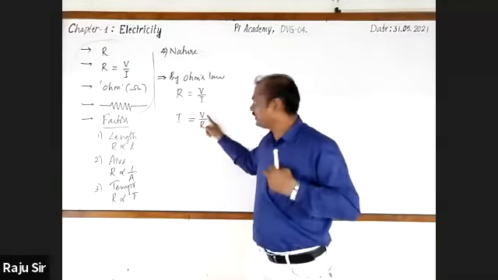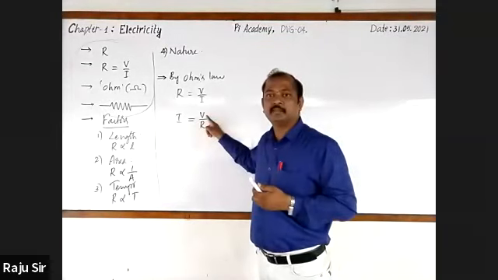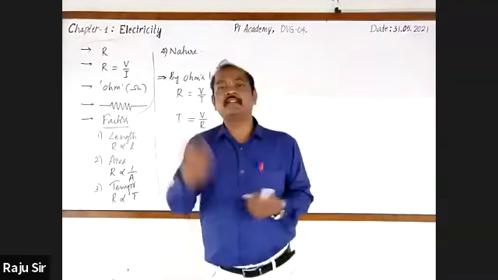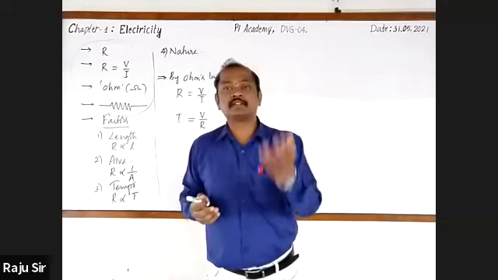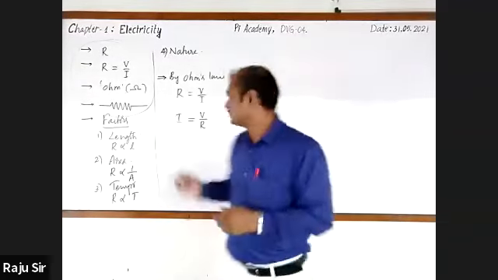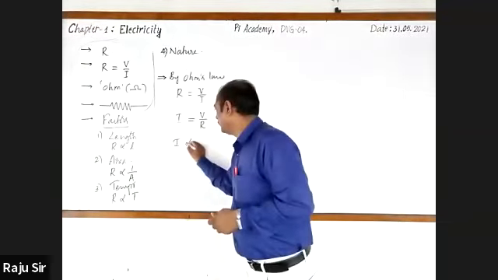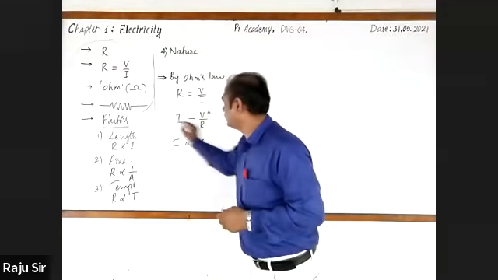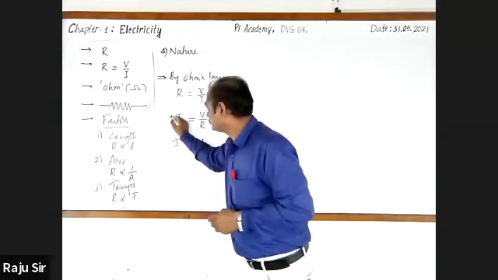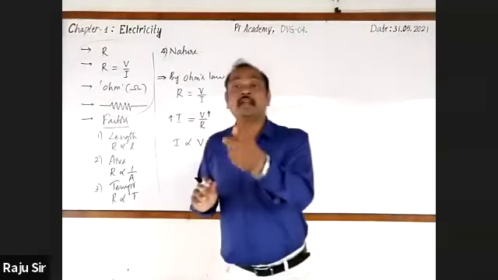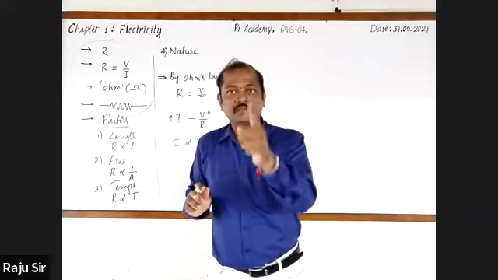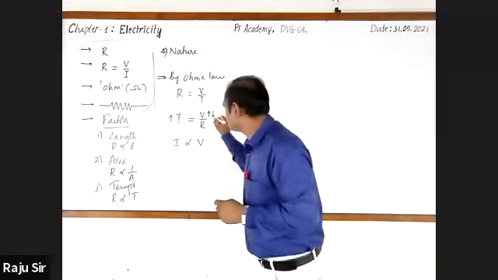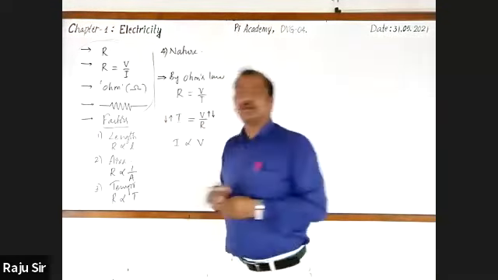It is directly proportional to voltage, that is, I is directly proportional to V. Once again, as voltage increases, the current flowing through the conductor also increases. As it decreases, current also decreases.